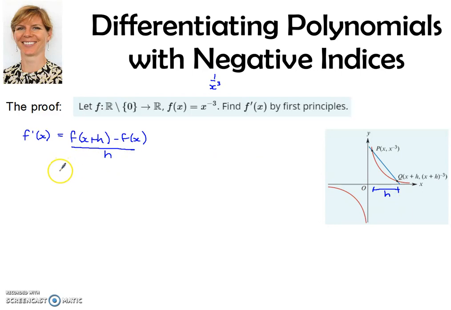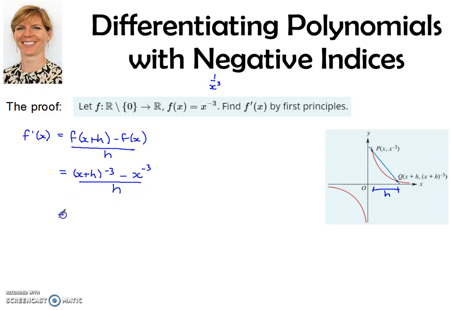So for this one, I'm doing simple substitution. Instead of x in here, I want x plus h. So it's x plus h to the power of negative 3 minus x to the power of negative 3, over h. Okay, and this is where the algebra comes into it a little bit.